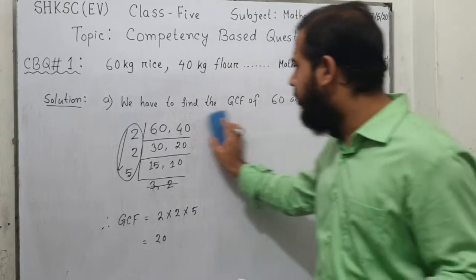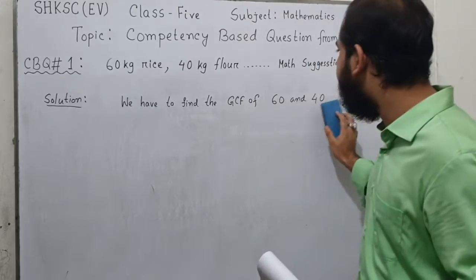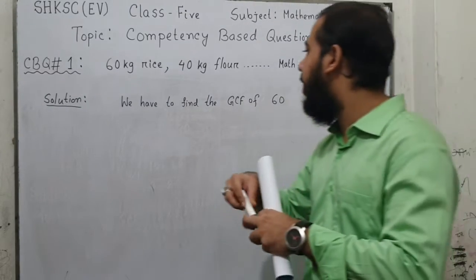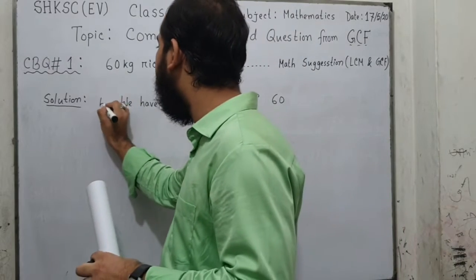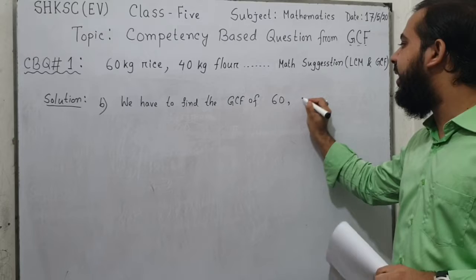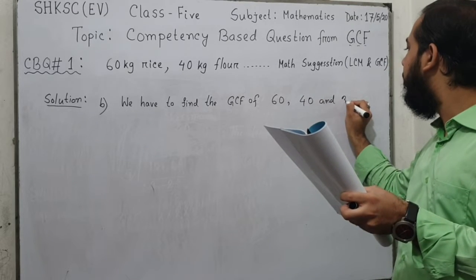So in question B, we have to find the GCF of 60, 40 and 32, all.